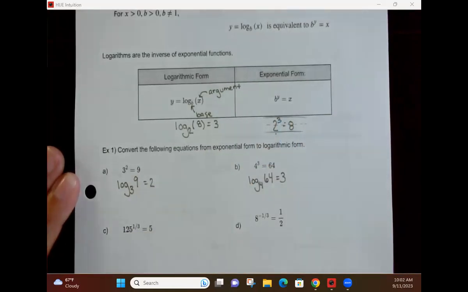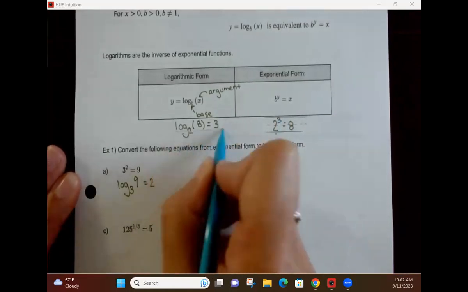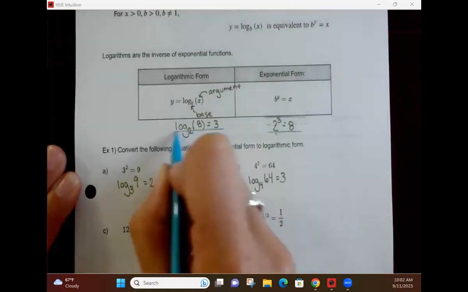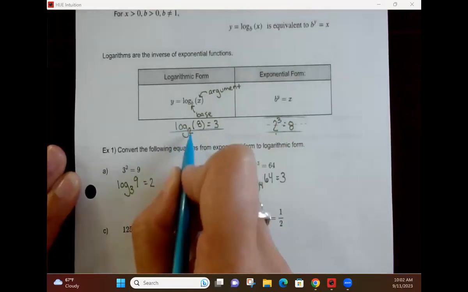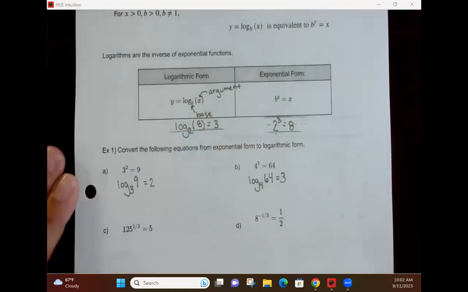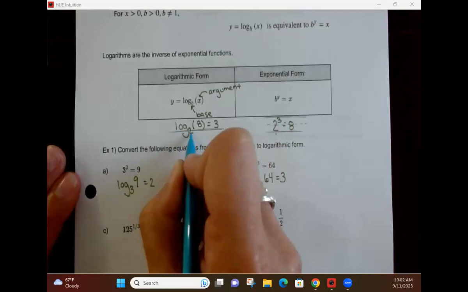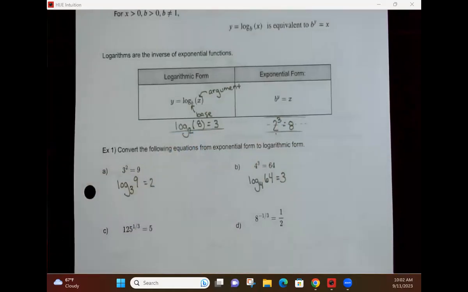When we write logs, everything lives on the ground except for the base for the log. That lives a little bit burrowed, kind of half buried. This is called a subscript, okay? It's a little below. I point this out because one of the things that we sometimes have a hard time with when we're working with logs is making sure that we are writing clearly what we intend to write.